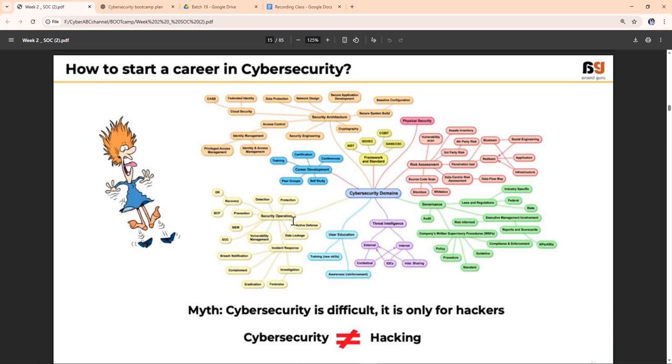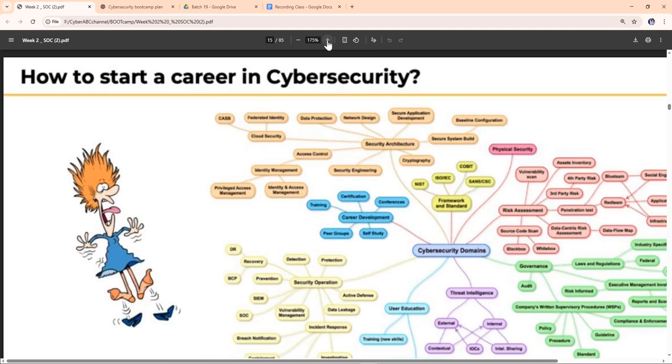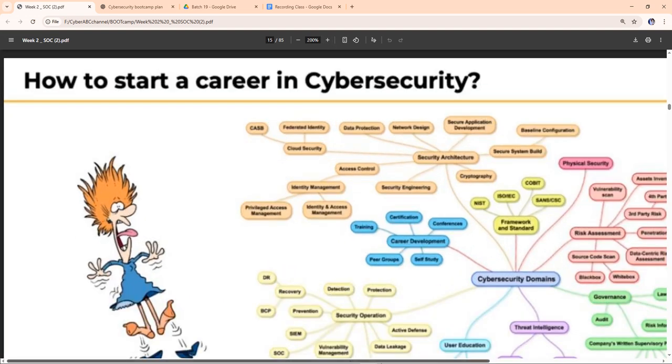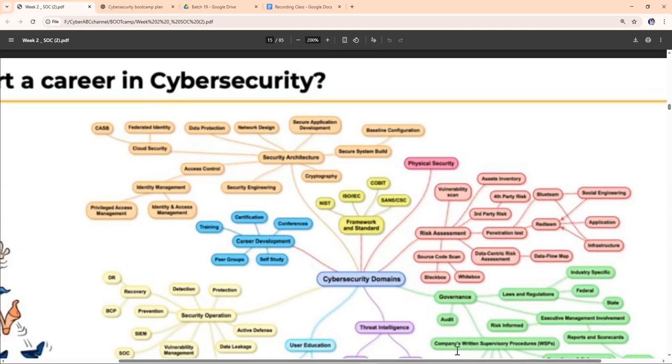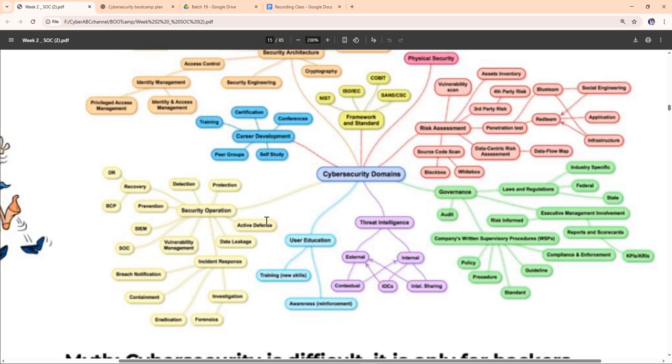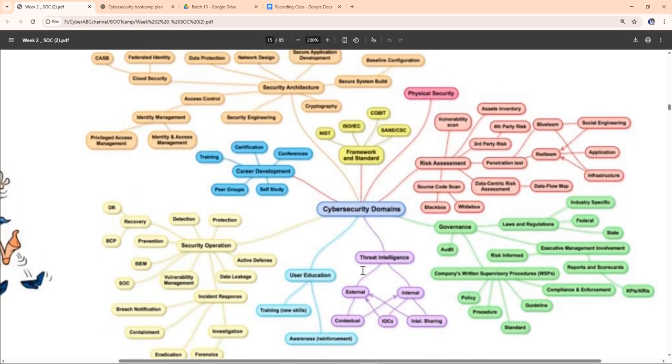Also, he attached a graphic here explaining how people react to cybersecurity at first look. All these are branches of cybersecurity. We see all these color codes are different branches. You see, the cybersecurity domain, we have different sectors.